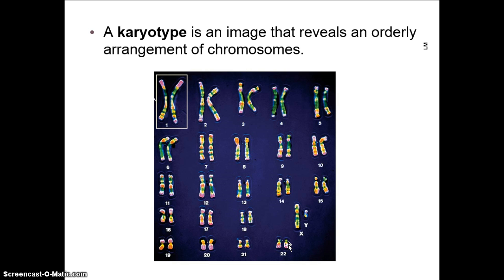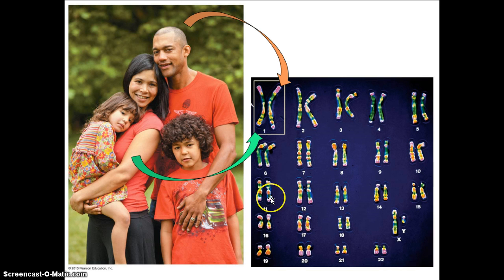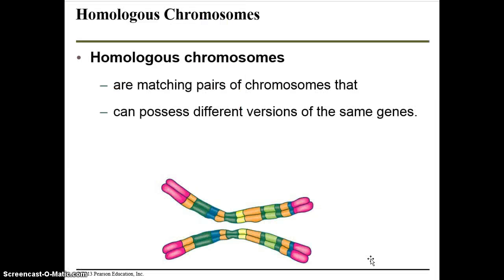That is because when you reproduce sexually, you get one set of chromosomes from dad and another set of chromosomes from mom. So you end up with 22 pairs of what we call homologous chromosomes. So homologous chromosomes are chromosomes that contain the same genes.